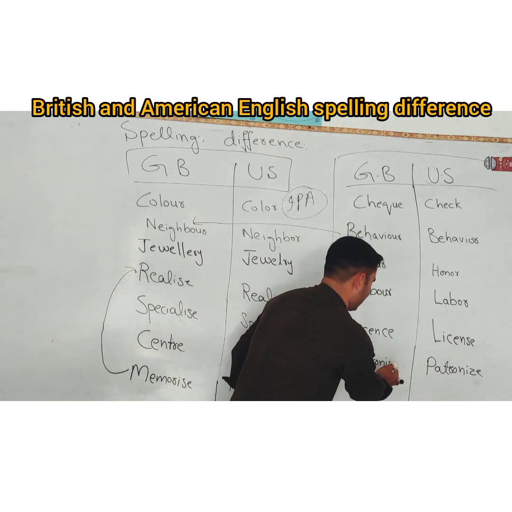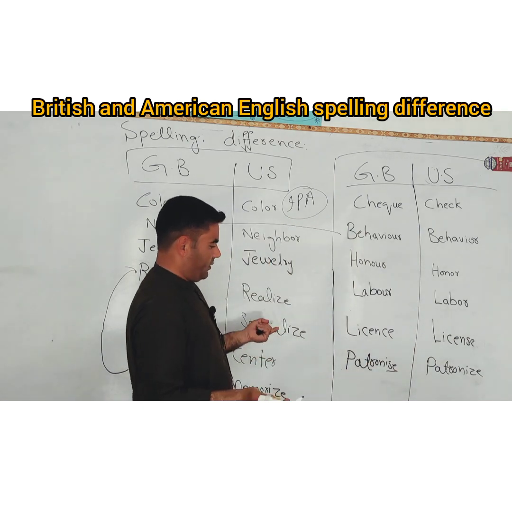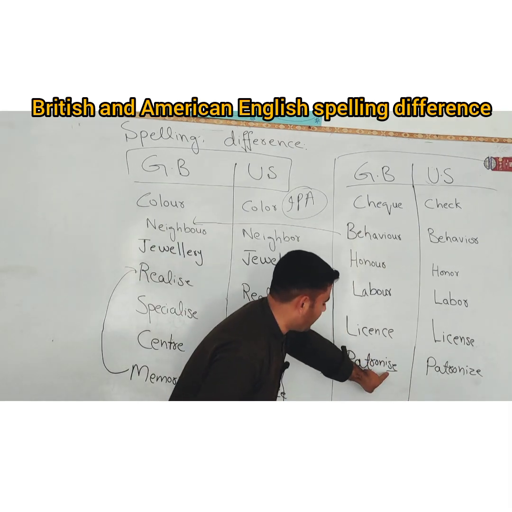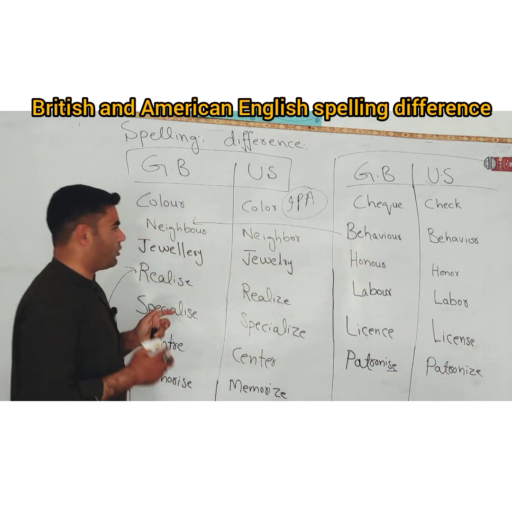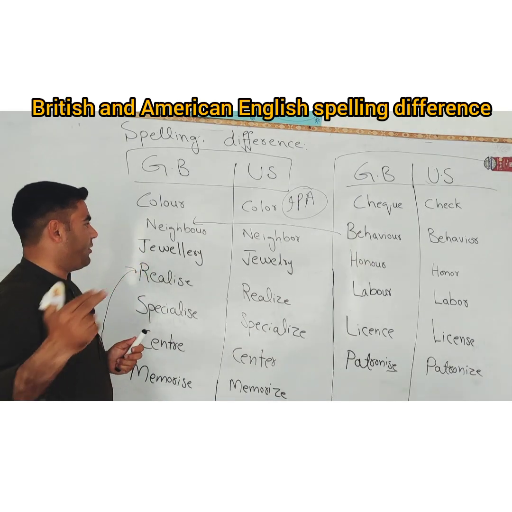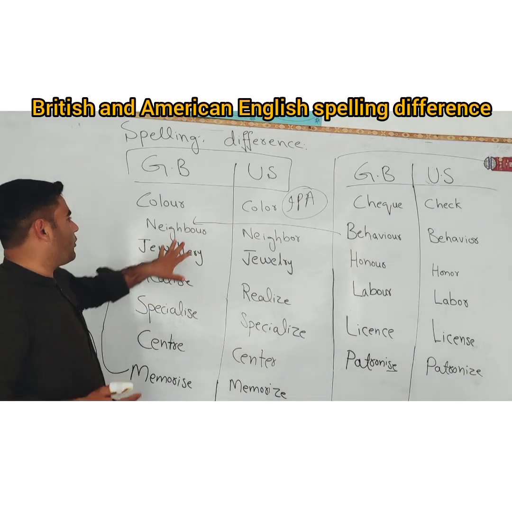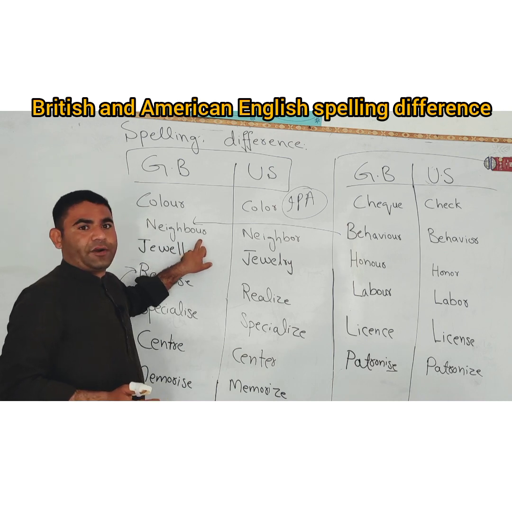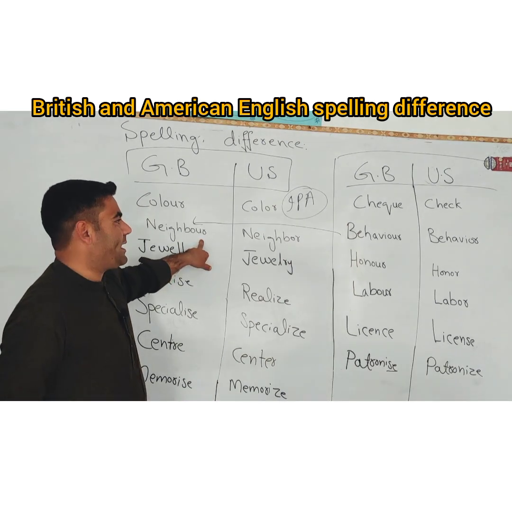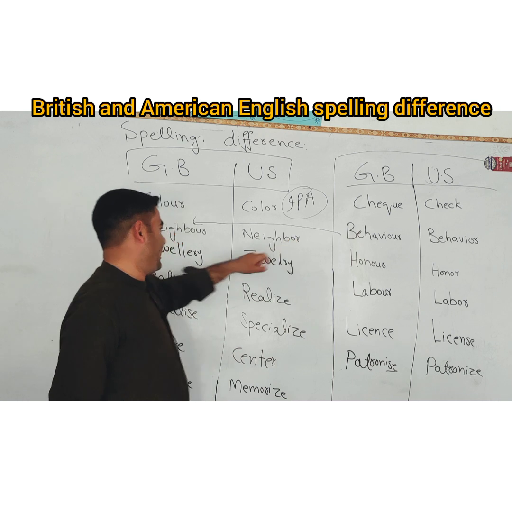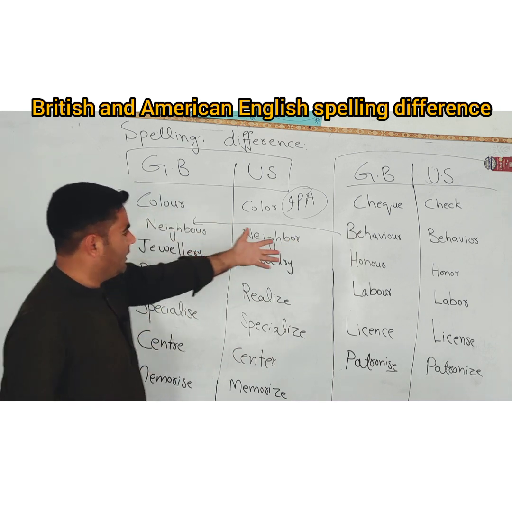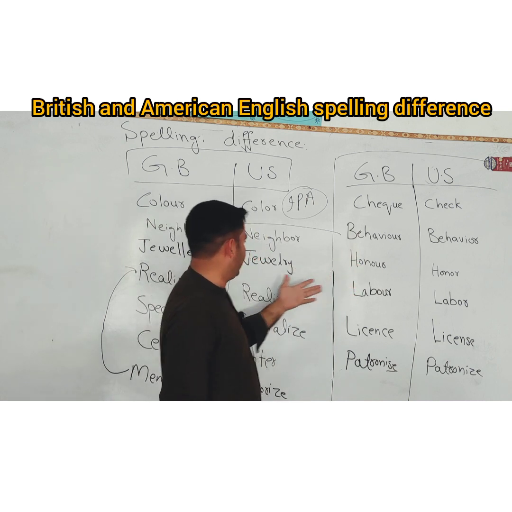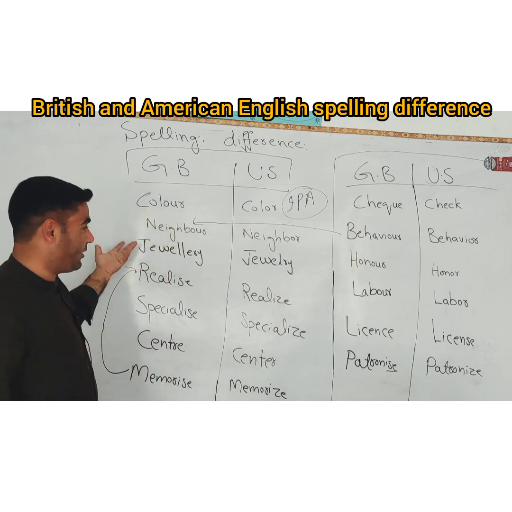And patronize: you see that this word in British English ends with S-E, and in American English it ends with Z-E. As I told you, just keep two or three formulas in your mind. The word that ends with O-U-R in British English will be simple O-R in American English, like neighbour, honour, labour, colour.